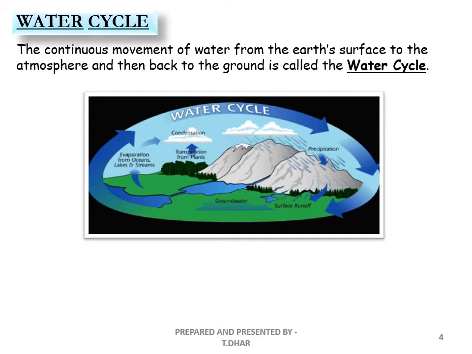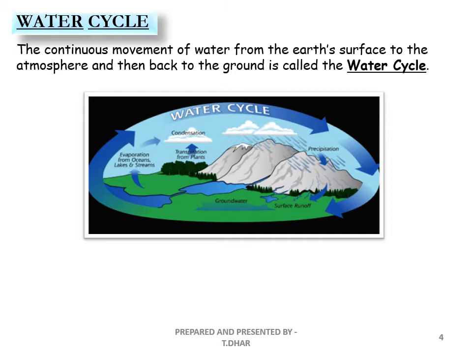Then that evaporated water gets condensed, and then that condensed water through rainfall or some other forms is precipitated onto the Earth's surface, and then that water is absorbed by the oceans, by the rivers, by the lakes and ponds. So it is a continuous process.